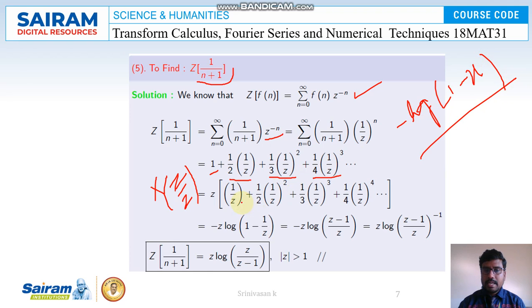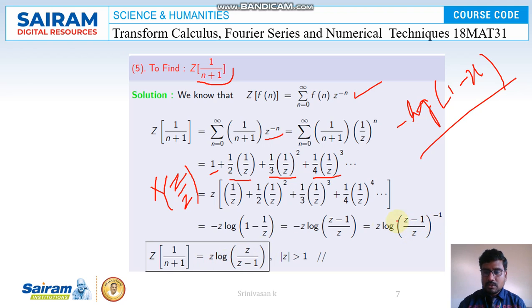Now here x equal to 1 by z. So minus z into log of 1 minus 1 by z. So that is minus z into log, cross multiplication, we get z minus 1 divided by z. That is equal, by log property, to z into log of z minus 1 divided by z power minus 1.